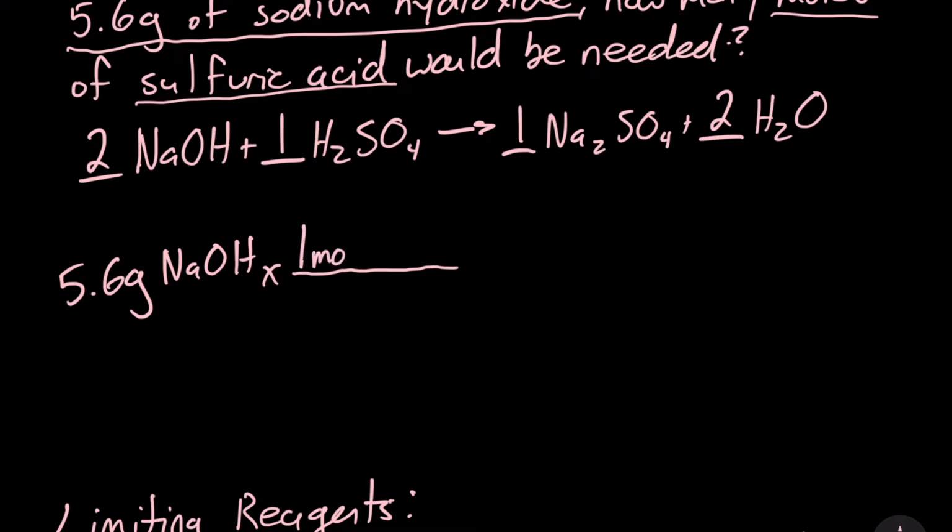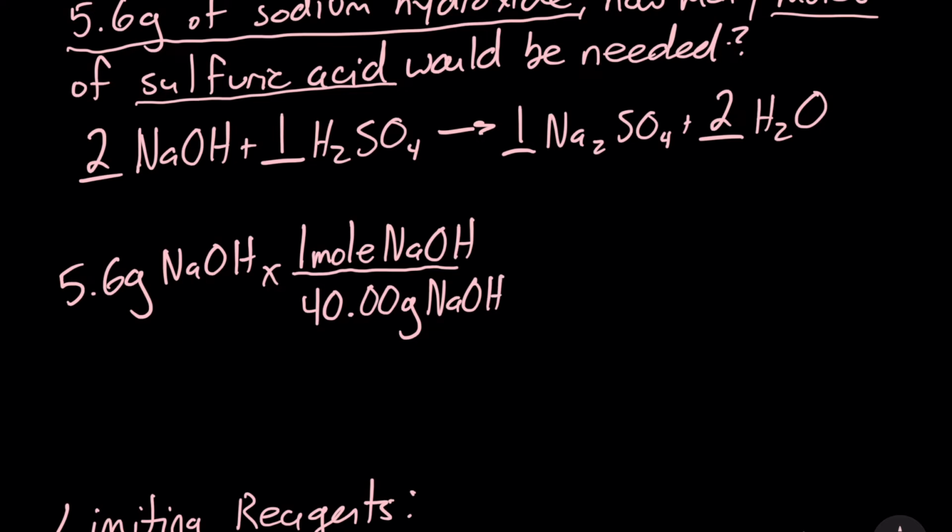So I have 1 mole of NaOH on top, and that's over the molar mass, which is just 40.00 grams of NaOH. And we'll do one more conversion here because we want to eventually end up with, I'll just draw a little arrow, moles of H2SO4.